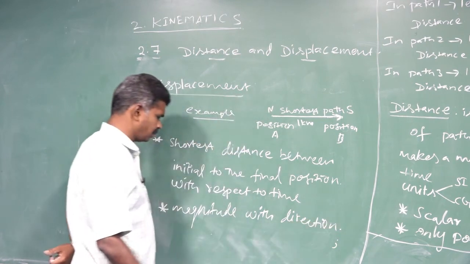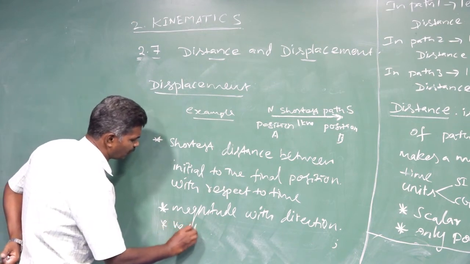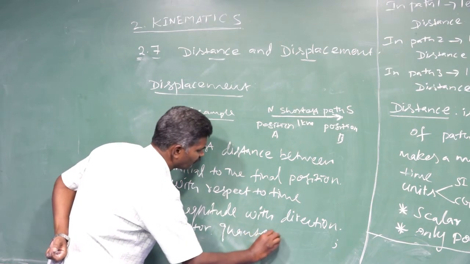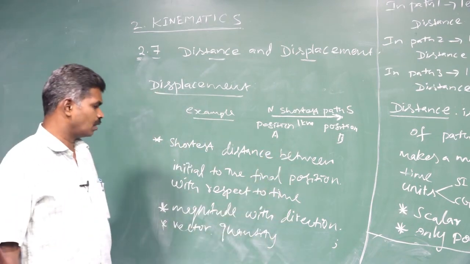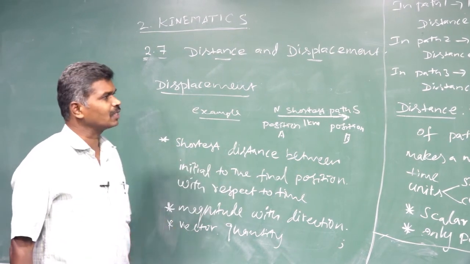Magnitude with direction means it is a vector quantity. This physical quantity is a vector quantity. Any physical quantity which is a vector has both magnitude and direction.